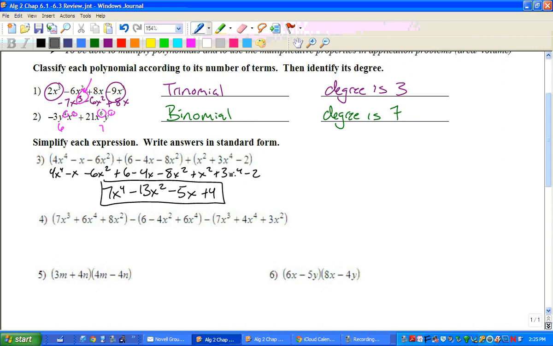Now for number 4, when we distribute, it's not just a positive 1 to the first term, but now it's a negative 1, which means all these signs change. And you have to do that to both of those.